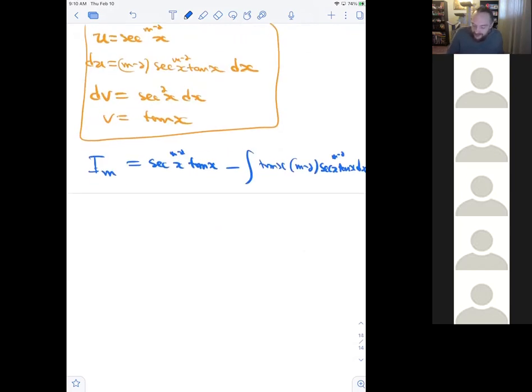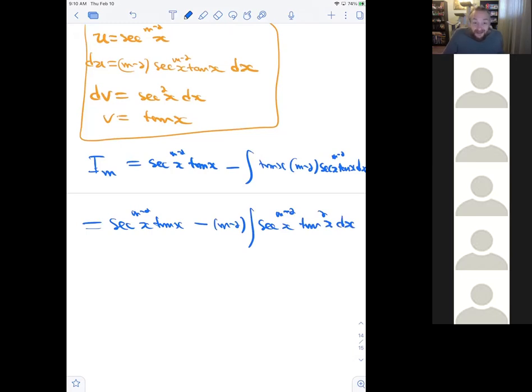I'll clean that up. So that equals secant^(m-2) x tan x minus, now I have an m minus 2 there, the integral of secant^(m-2) x times tan squared x dx.